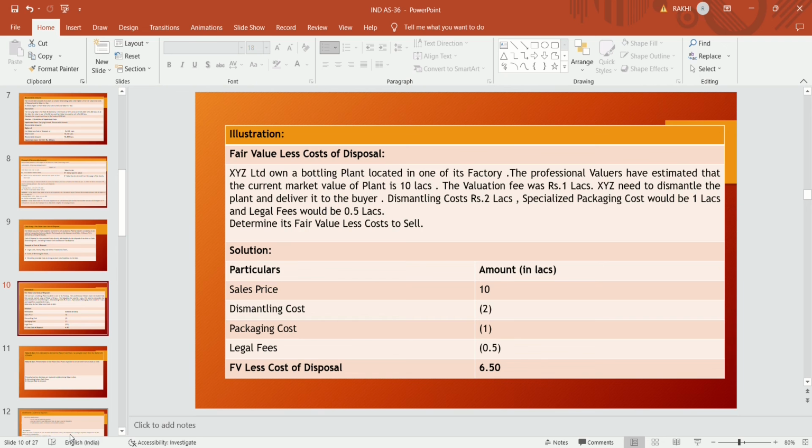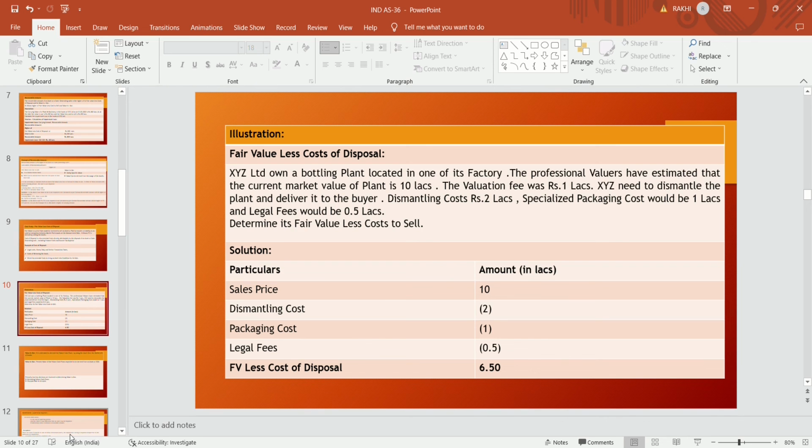For decision purposes they had to do the valuation. This cost is not related to the sale of the asset. The valuation cost is a decision cost, not a disposal cost. So valuation fees are out of the purview of the cost of disposal.